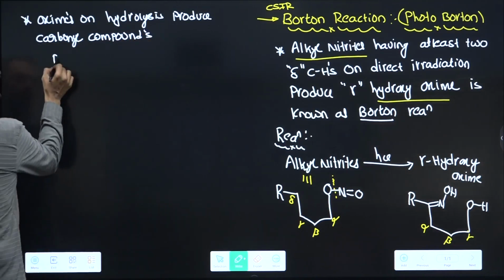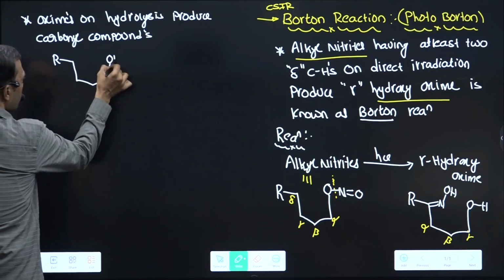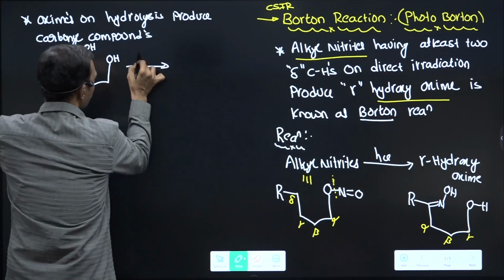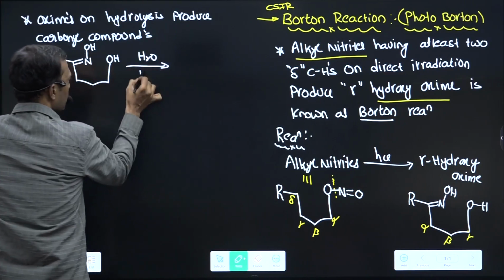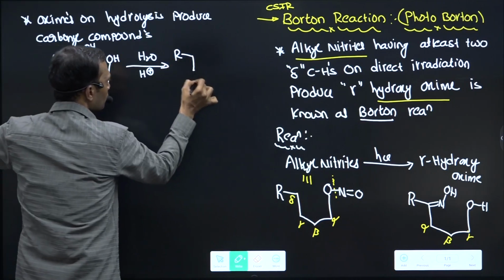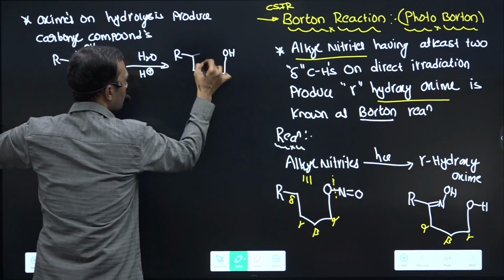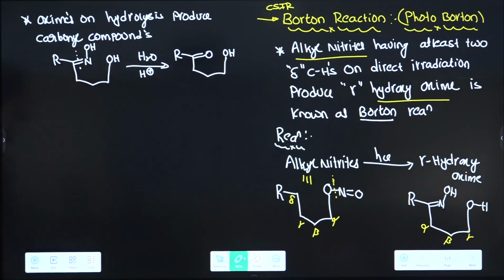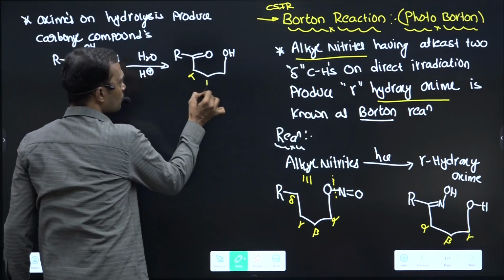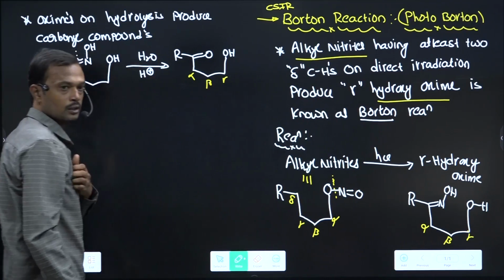Whatever oximes you are getting, this oxime, now I am doing hydrolysis. Mild acidic conditions I am using. So this is responsible to give the corresponding carbonyl compound. This interconversion is also possible. Oxime upon hydrolysis: remove this double bond, put oxygen. So now what is your answer? Alpha, beta, gamma. Gamma hydroxy ketone.